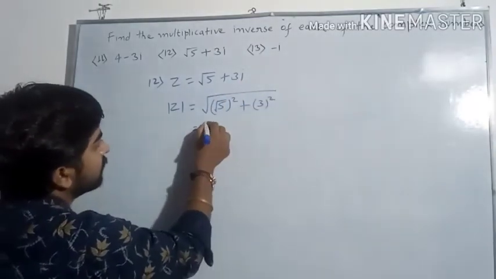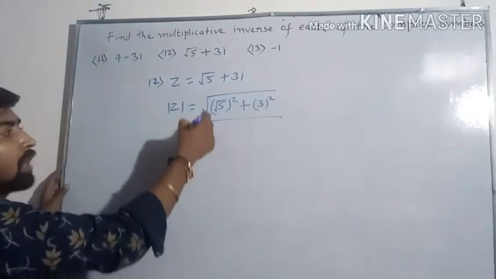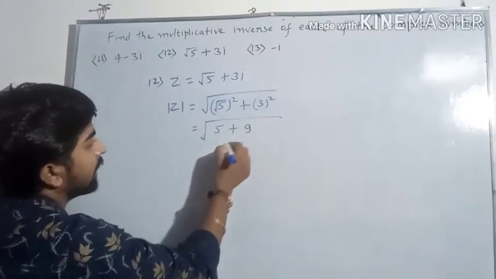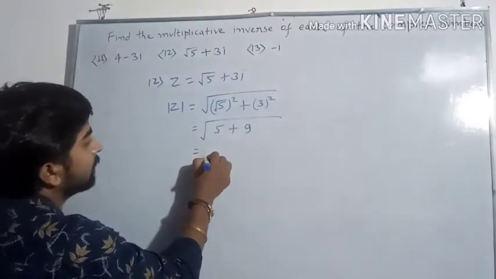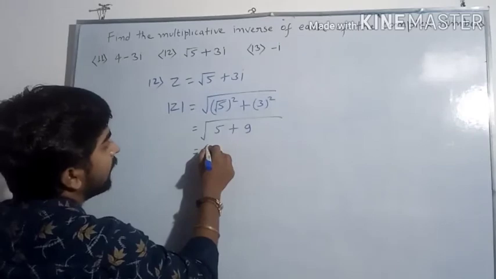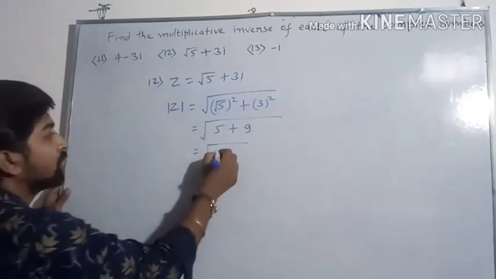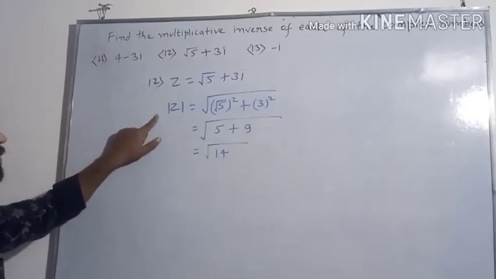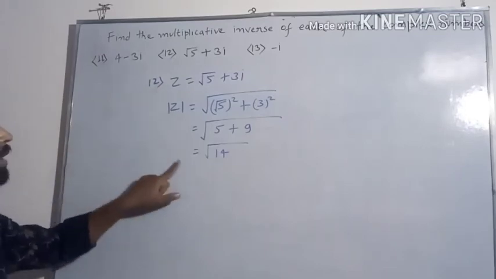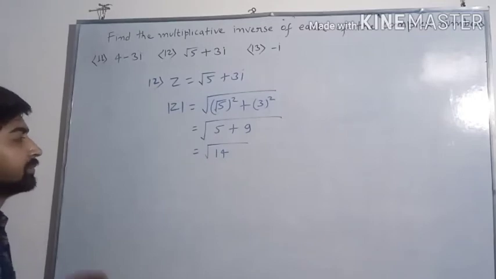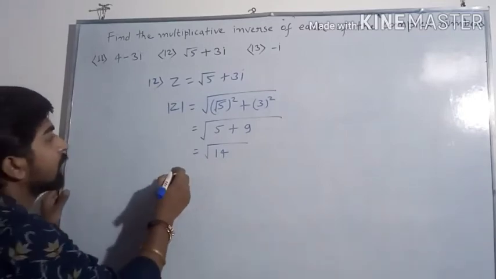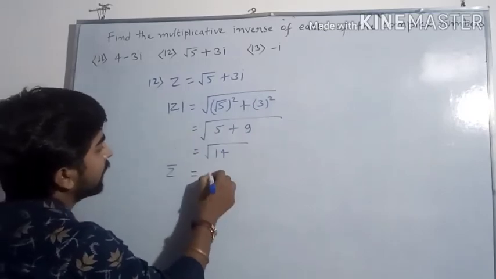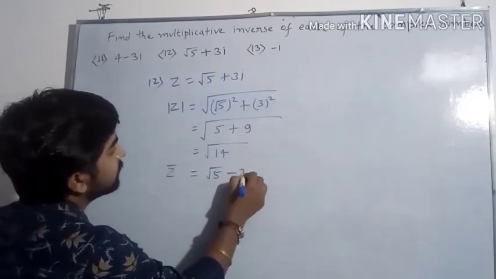This equals under root of the square of under root 5, which is 5, and the square of 3, which is 9, and 9 plus 5 equals 14. So the modulus of complex number z equals under root 14. Now the conjugate of complex number z equals under root 5 minus 3i.